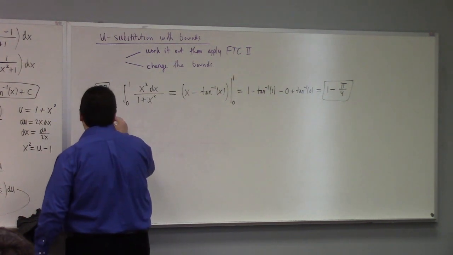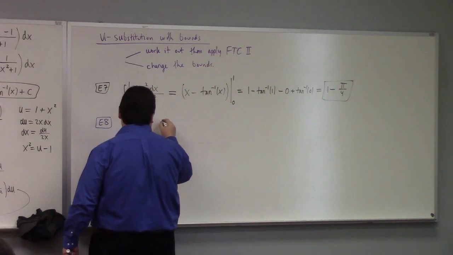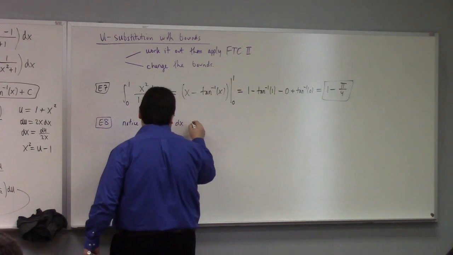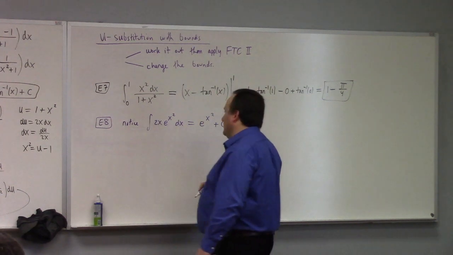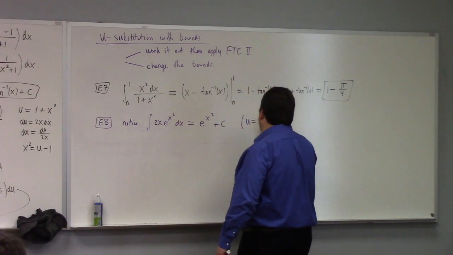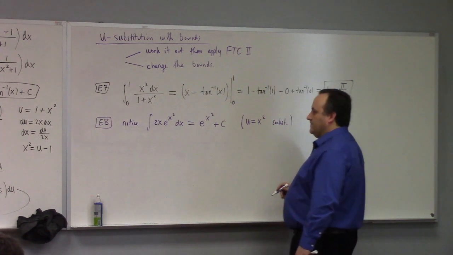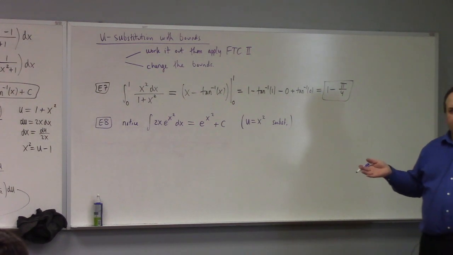Okay, so example 8. Notice the integral of 2x e to the x squared dx is equal to e to the x squared plus a constant, right? This follows from a u equals x squared substitution. I think we worked this out last class. Okay?